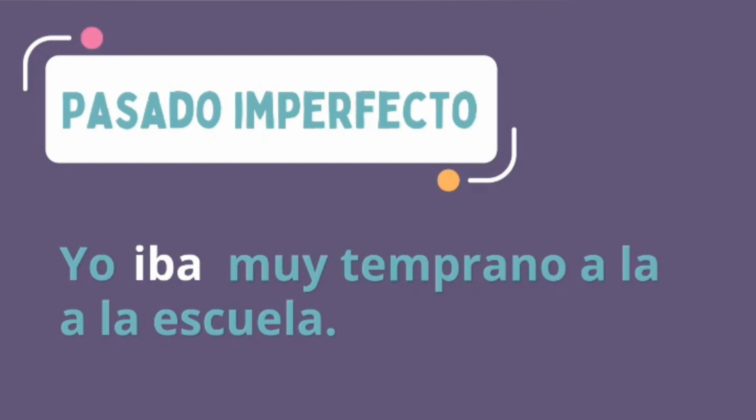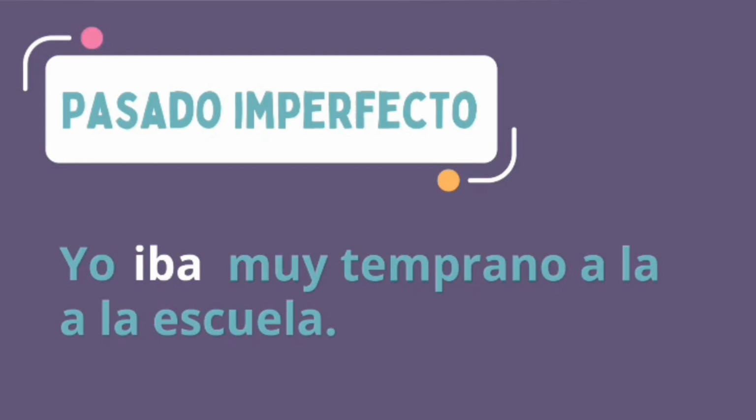If you want to say this, you have to use the imperfect past, and the translation in Spanish would be, yo iba, I went, very early, muy temprano, to school, a la escuela. You're talking about how something was some while ago.